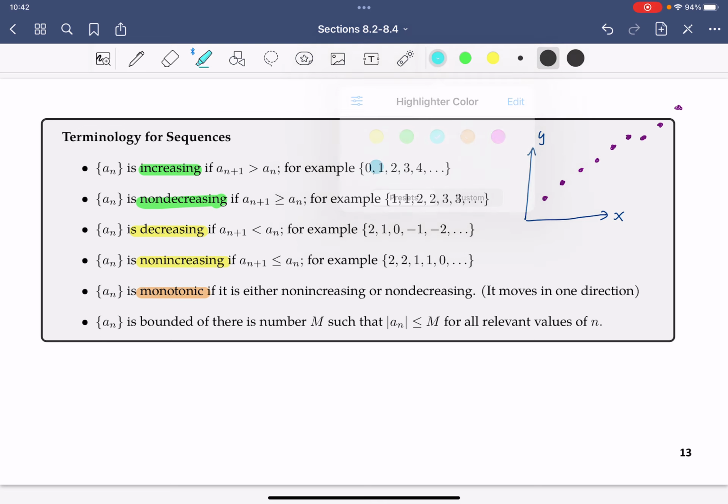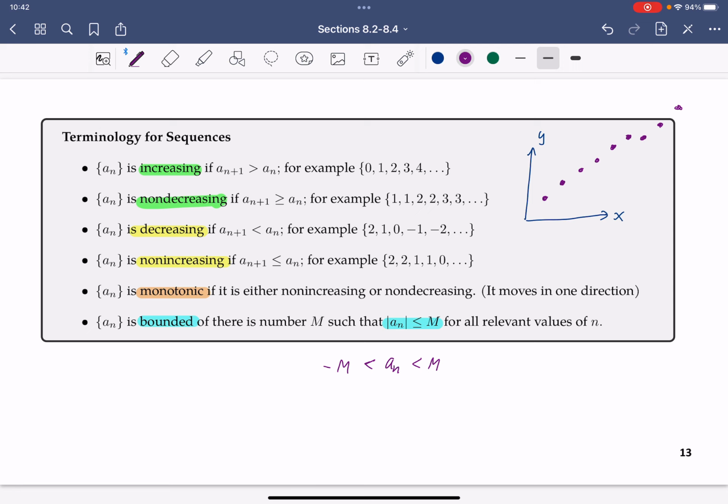When we say that the sequence is bounded, it means that there is a number m such that every term of the sequence a_n is in between negative m and m, which means the absolute value of a_n is less than m. So a_n is always in between negative m and m.